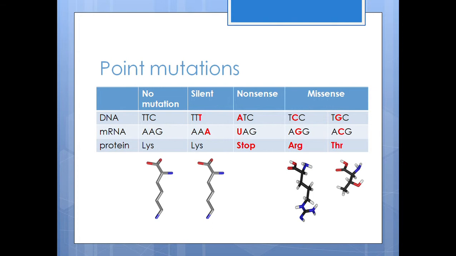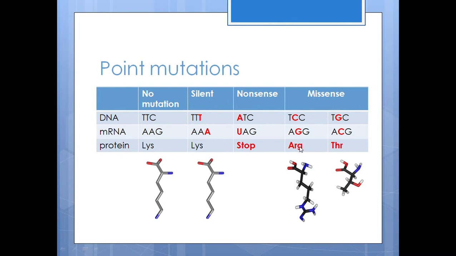Now, what may happen if one of these bases gets changed? One of possibilities shown here is that one base is changed into something else, and in the result the codon in mRNA is also changed. So in this example, for instance, change of T into C in the second place of the codon results in change of A into G, and another amino acid is encoded.